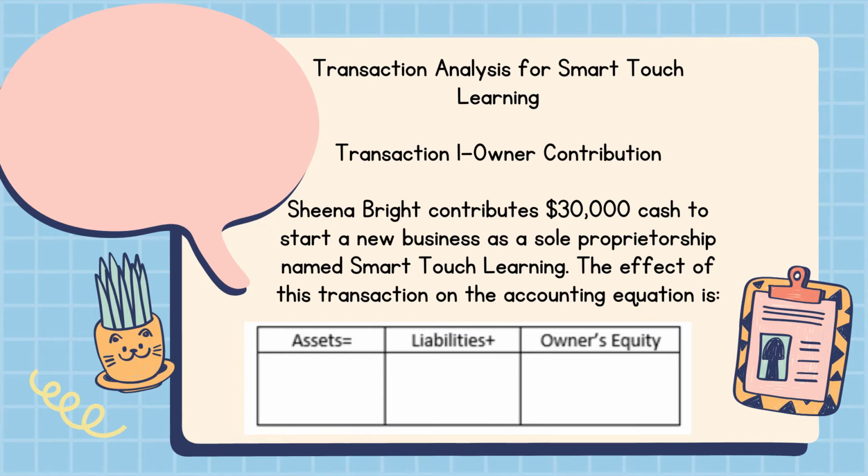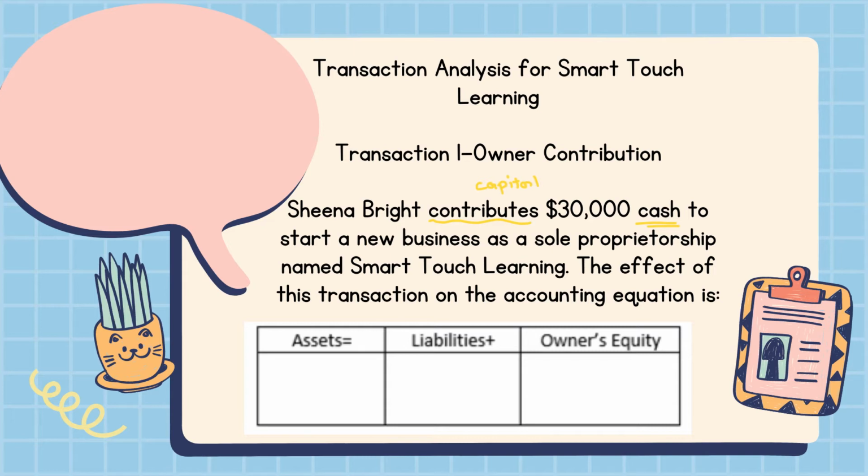Now, as we said, contributes means invests. Invests means it's capital. It's capital. And cash. So I did not contribute equipment or building, or land, I contributed cash, which means the business cash has increased.